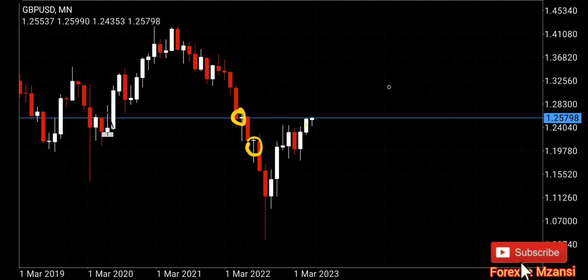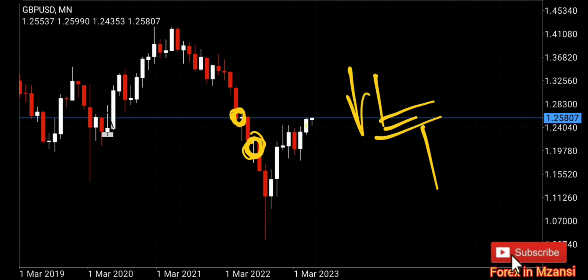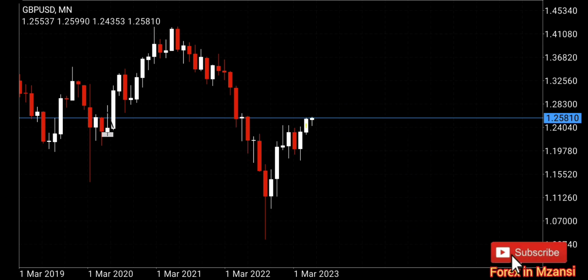Remember, we've got imbalances at those areas, where you can have things like a drop, a base, and a drop. When this was formed, the sellers were trying to push down, the buyers tried to come in, then the sellers took over again. That's why we cannot ignore that space.